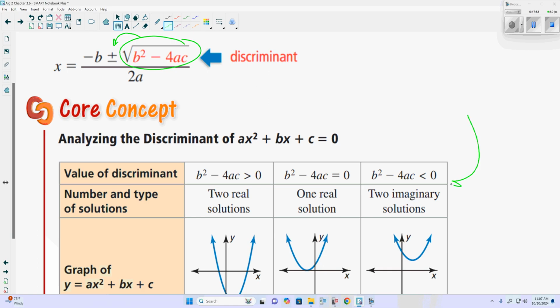But if it's less than 0, that means whatever's inside that square root is negative. And if we have a number inside of a radical that's negative, that negative is going to come out as i. We have imaginary solutions, complex solutions. So the value of the discriminant, this b squared minus 4ac, really tells us what type of solutions we should be looking for.